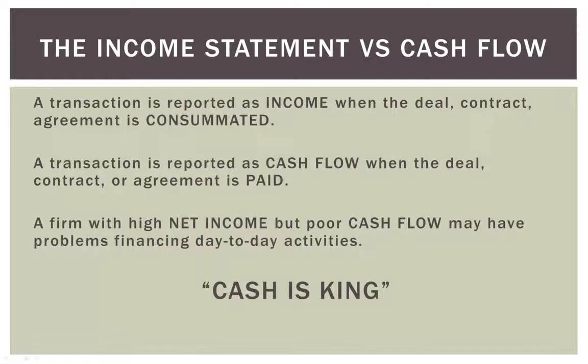Companies that have a hard time collecting from their customers can be put in a real cash flow bind, even though their income is high because they've booked that income when they billed or the contract was agreed to. They haven't received payment for it yet.